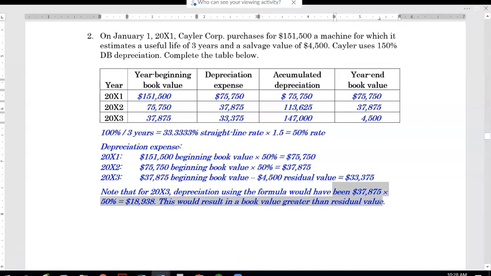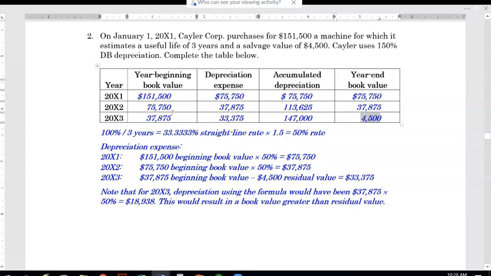But that will become 18,938. So am I going to use 18,938? Looks like no. Why? Because this is year three. That's all I'm gonna go. And I'm gonna stop at 4,500 residual value. So if I use that, my residual value will not be 4,500.